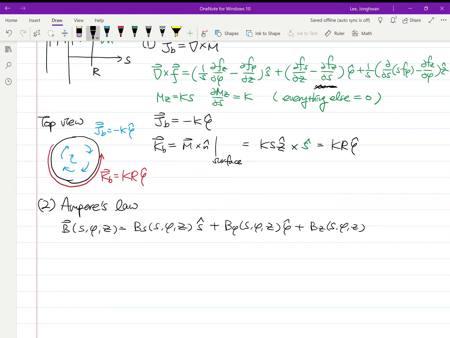You can use different names for the functions if you want. It doesn't matter, it's just naming. And so you have three unknown functions to specify the B field in the space.